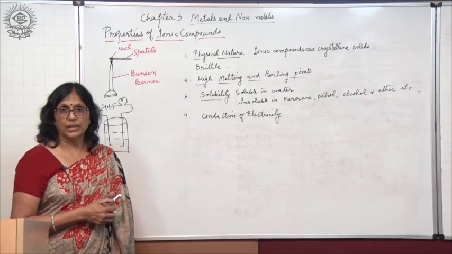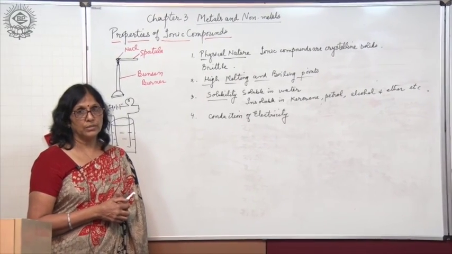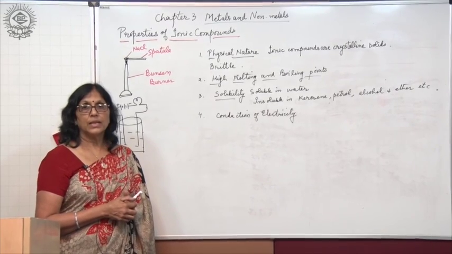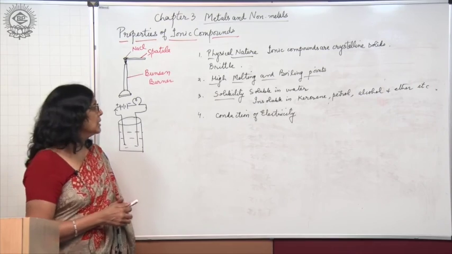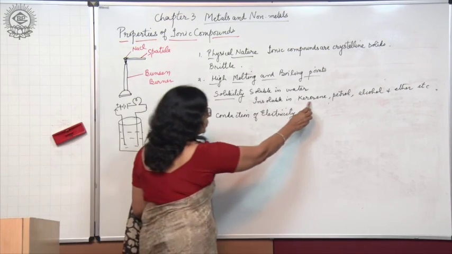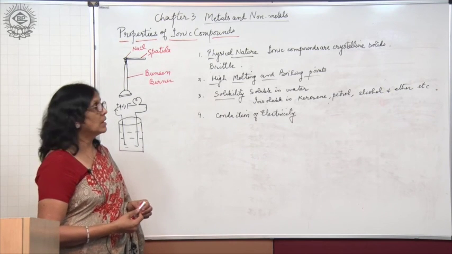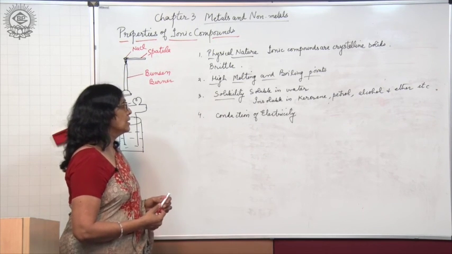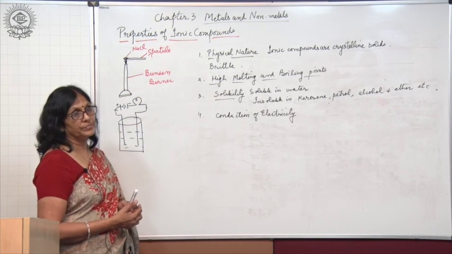It will be found that ionic compounds are soluble in water, but insoluble in organic solvents like alcohol and ether. Even kerosene and petrol are organic solvents. Ionic compounds are insoluble in kerosene and petrol also, and in alcohol and ether.